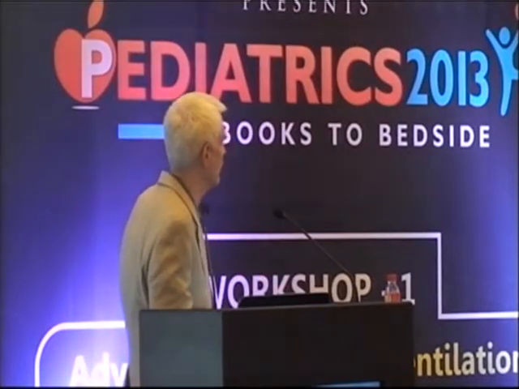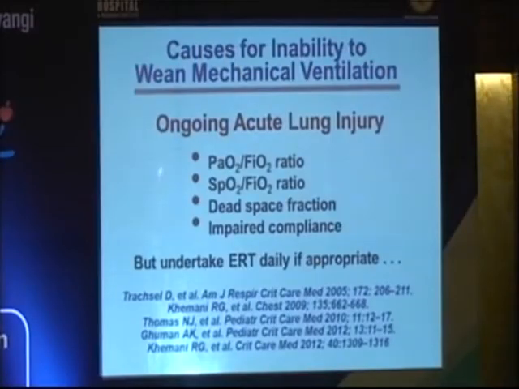So first of all, it may not be time for weaning to proceed with this patient. So this patient may be continuing with the acute lung injury, and now there are a number of ways to evaluate this quantitatively, and there's several references that I've provided for you.